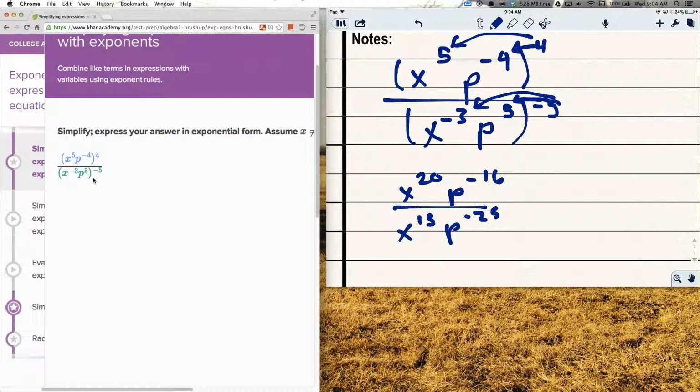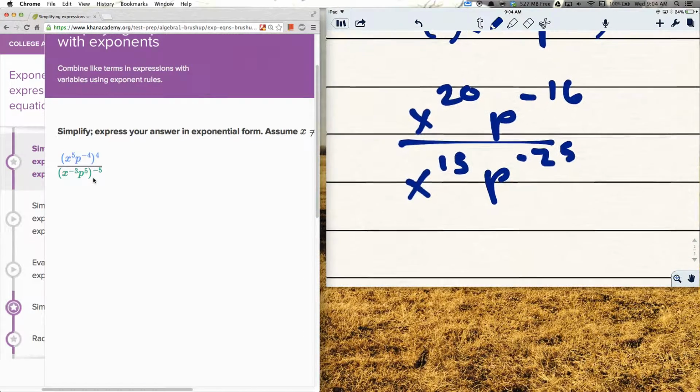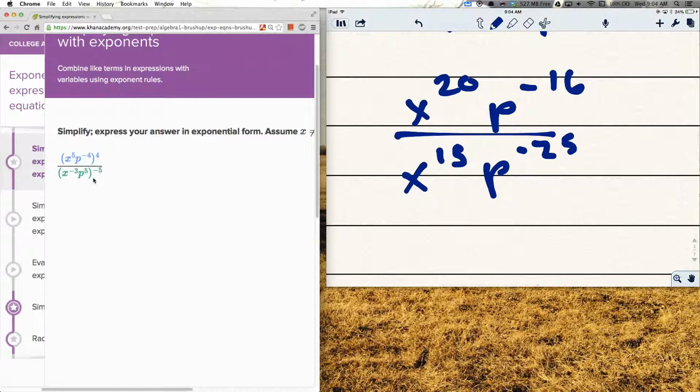All right, so now I have division, so I'll deal with like bases. First I'll do x to the 20th minus 15, and then I'll do p to the negative 16 minus a negative 25.